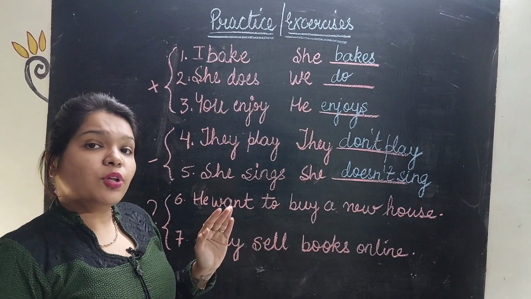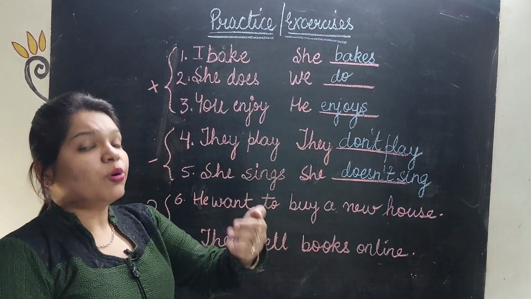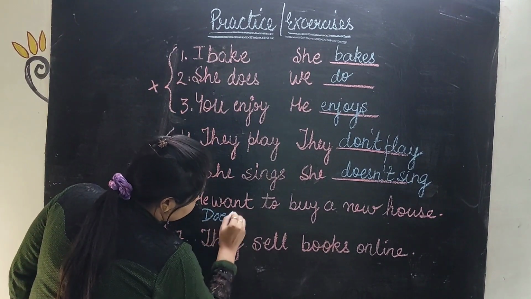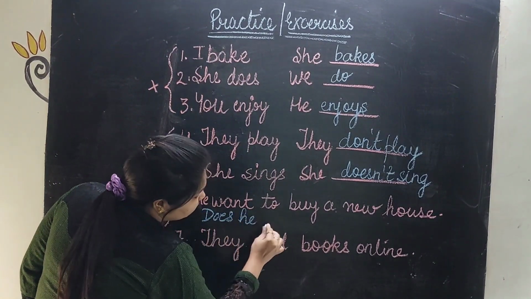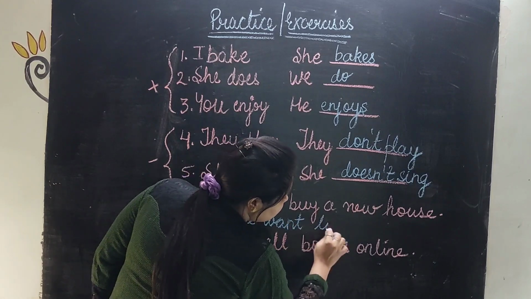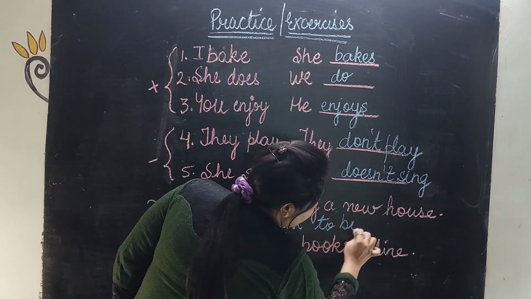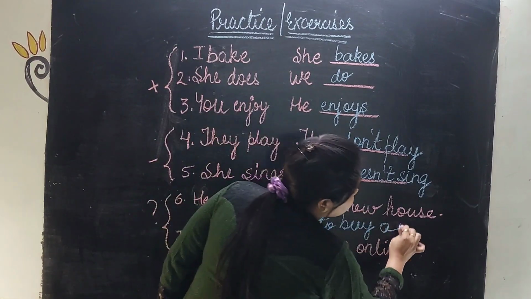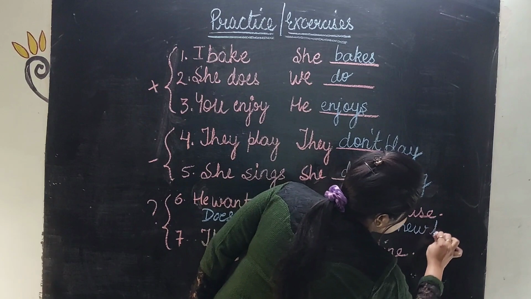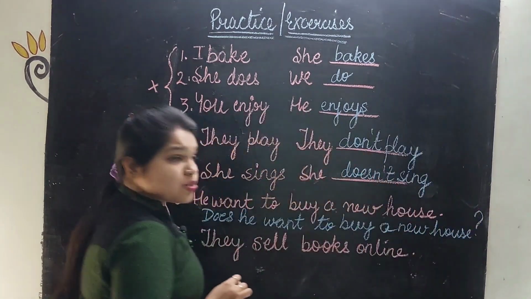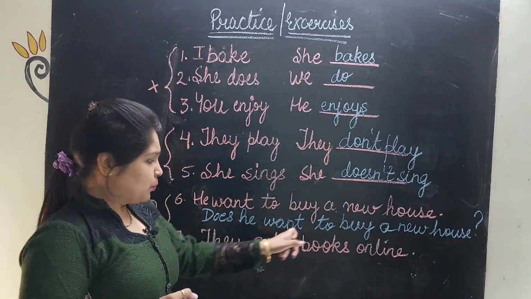As I have told you, does will come before the subject. So: does he want to buy a new house? It will end with a question mark because you have asked a question.